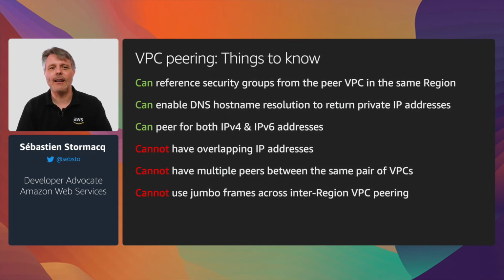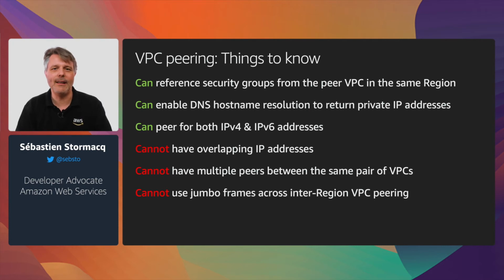A couple of things to remember about peering. You can reference a security group from another VPC to define the rules inside your security group. Remember, the source is not a hard-coded IP address in a security group. It might be just a security group ID that refers to another security group. That security group can live inside another VPC.